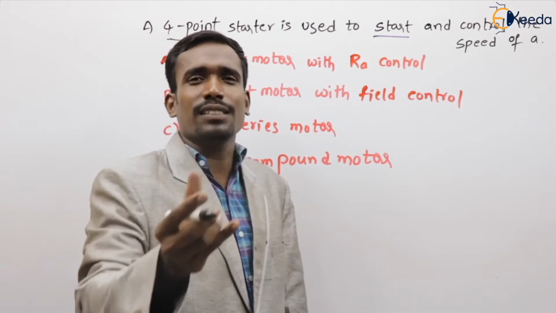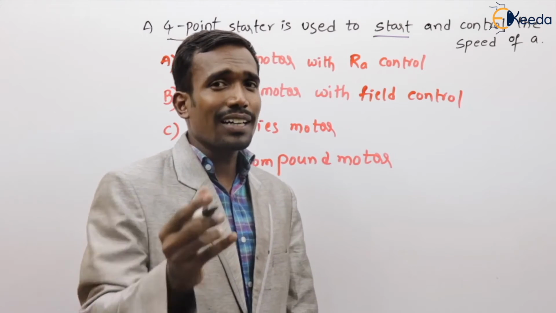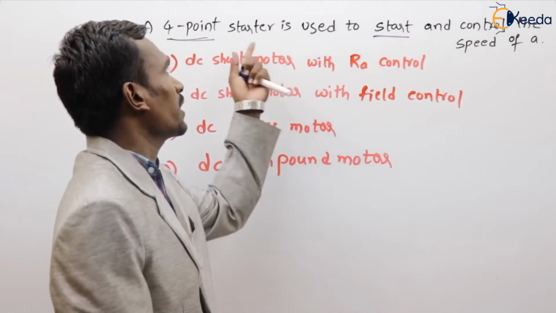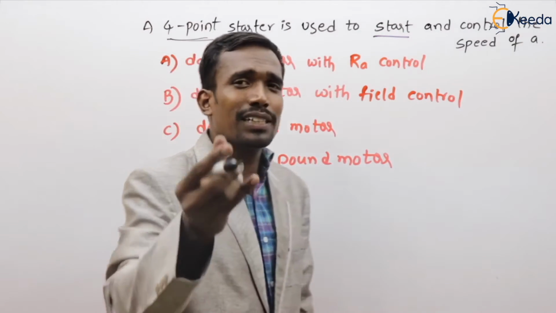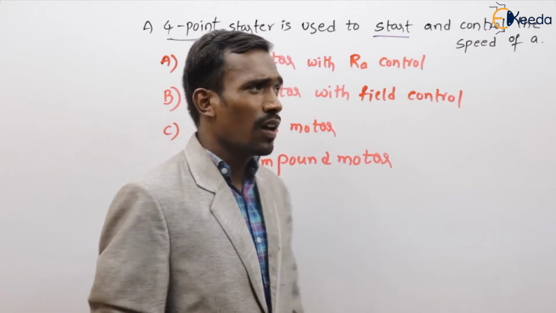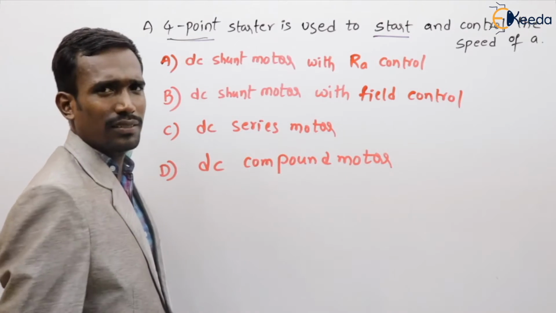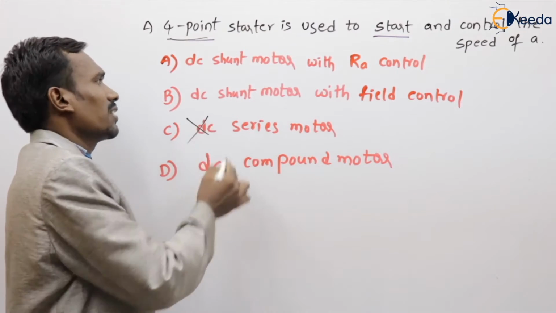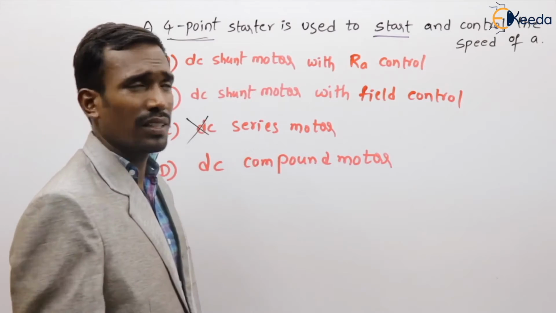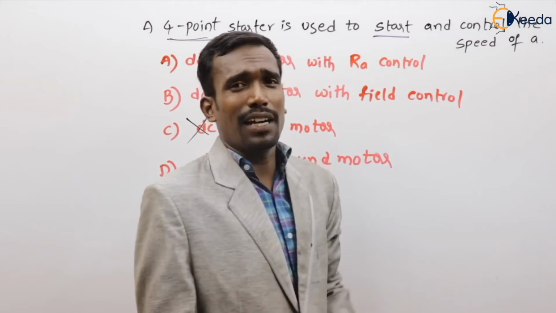Simply, constant flux motors. To start the constant flux motors, we are using a 4-point starter. Nothing but DC shunt motors and compound motors. So this is not the correct answer. And control the speed of the motor.